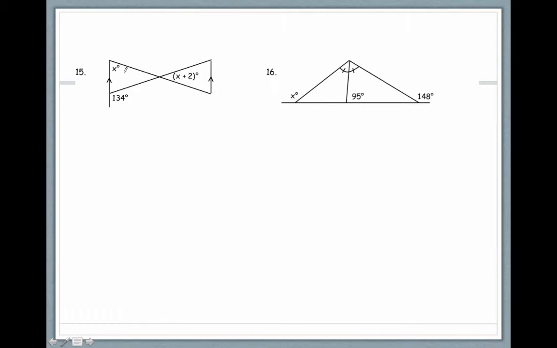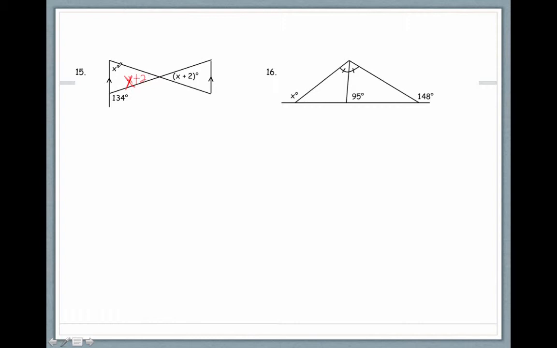Okay, so 134 being here means that this one plus this one is 134. You can do this a couple of ways. You can say this is 134, figure out what this one is, get this one in terms of x and relate them. But look, if this is x plus 2, then this one's x plus 2.